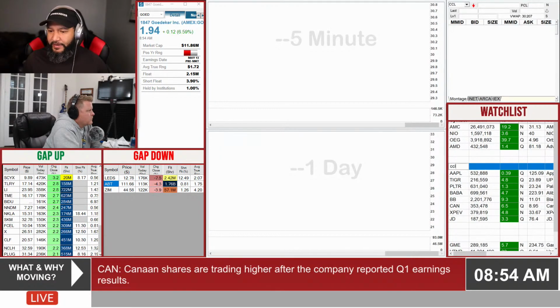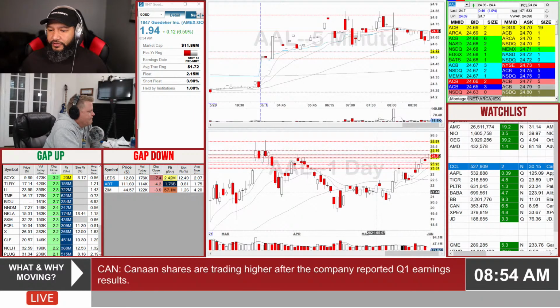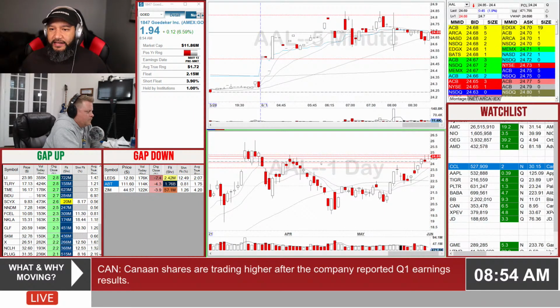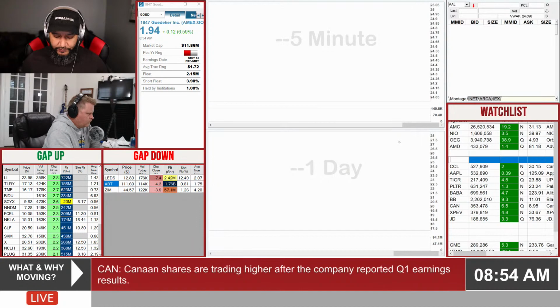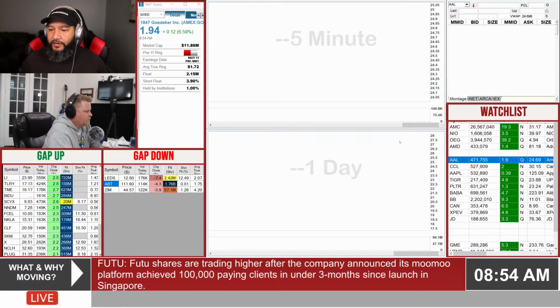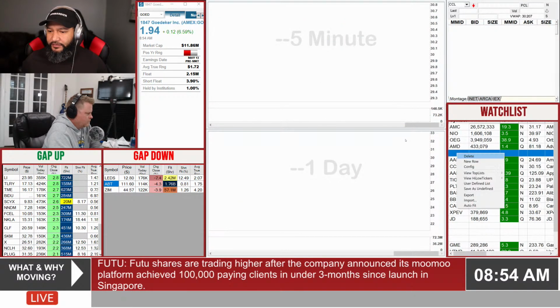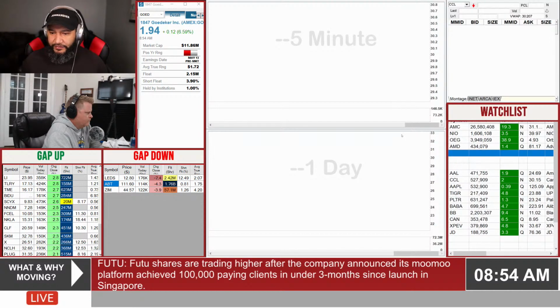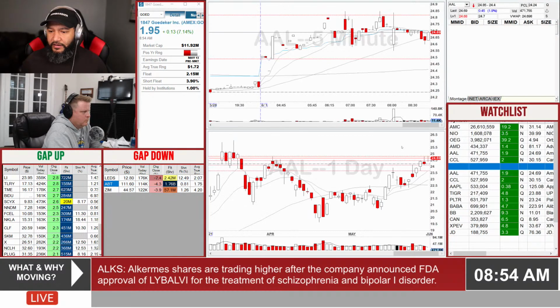Now, I don't want to pack my list with all these companies. I'm going to add only CCL and American Airlines. I'm only going to put those two as a gauge on how the airlines and the cruise lines are doing. But I don't want to jam pack the list. And actually, we can put them up here as a possible, because although we have a lot gapping up, there's not a lot that looks phenomenal this morning. So I'll tell you that.